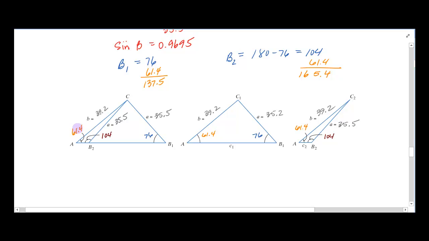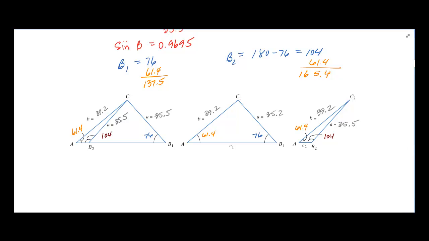Now we just solved the fact that I have angle B1, which was the smaller angle here of 76 degrees, and I had this other angle in here which is 104 degrees. So what am I left to find? Well, first of all, I need to know what side C1 is going to get me, and I also need to find what angles I'm going to get as well.